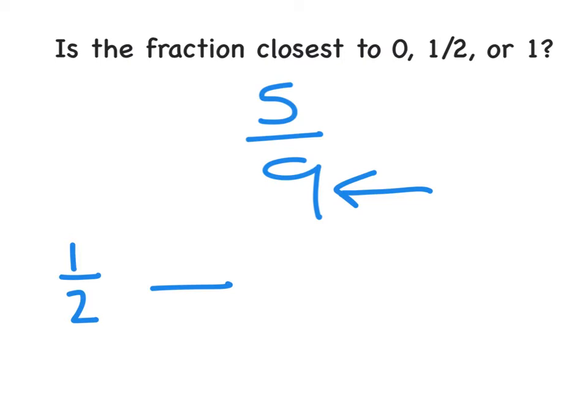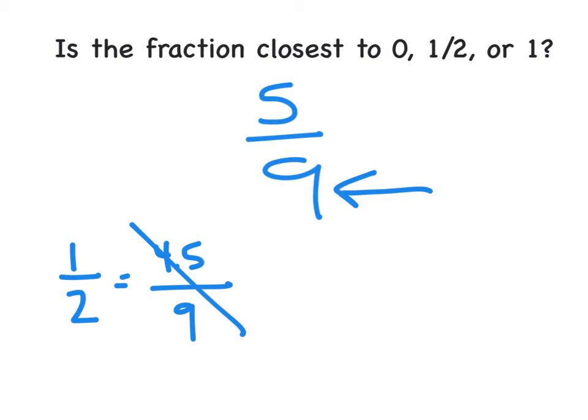So let's go ahead and find out what half is in terms of ninths. So if my bottom number were 9, half of 9 is between 4 and 5. It's actually 4.5. Now, we don't write decimals in fractions. This is not a mathematically correct way of writing things.